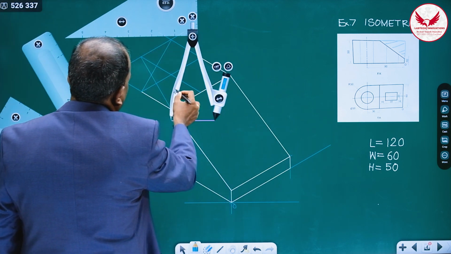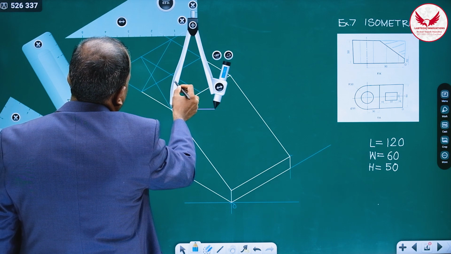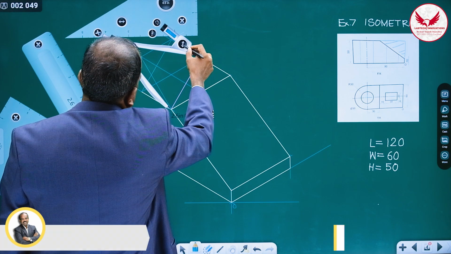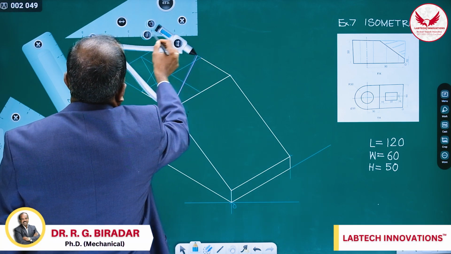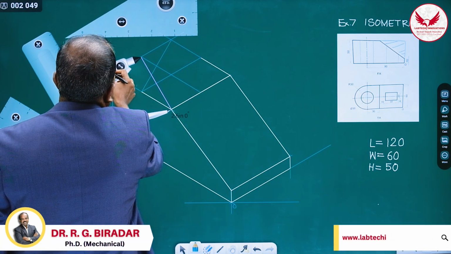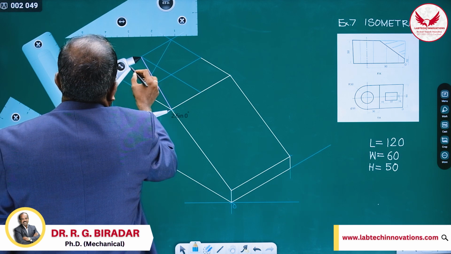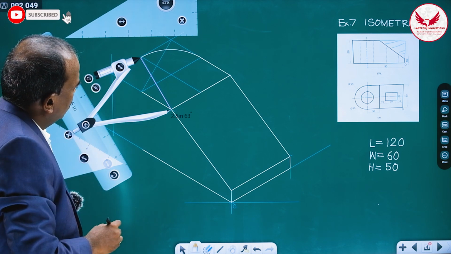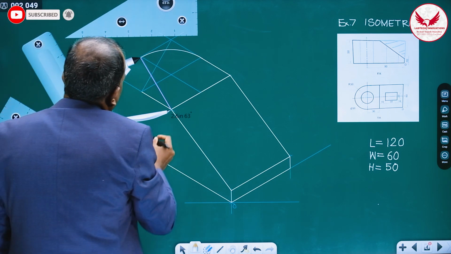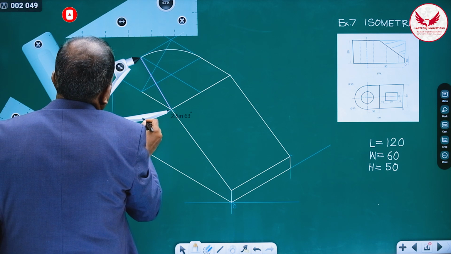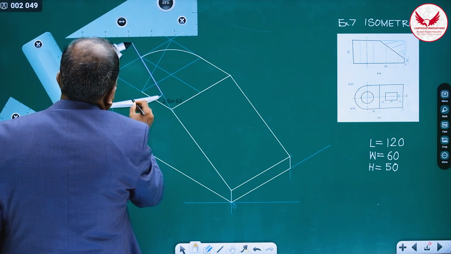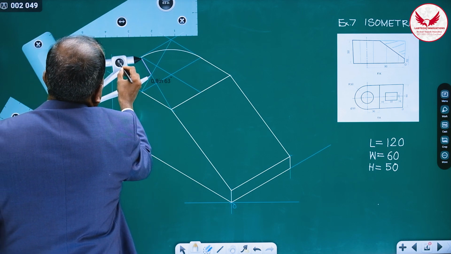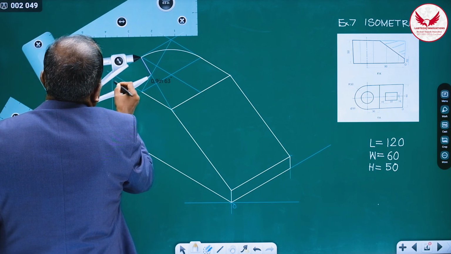How can we draw the semicircle? With this center, I'll join these two midpoints. We can draw this quarter circular portion, then shift the center to this place, reduce the radius, and just check.